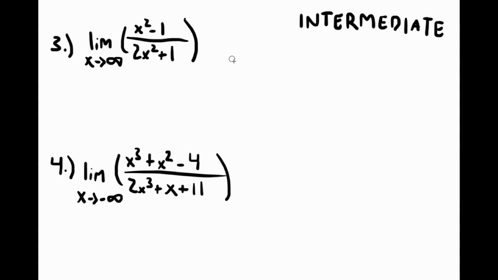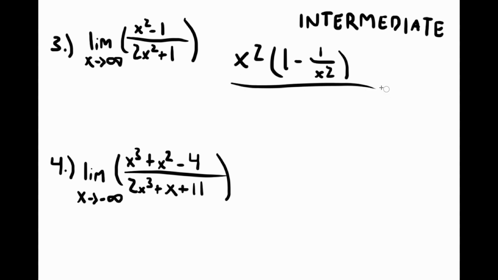although you could try to divide it. There's two equal divisible components, which is x squared. So we could just rewrite this as x squared times 1 minus 1 over x squared divided by x squared times 2 plus 1 over x squared.